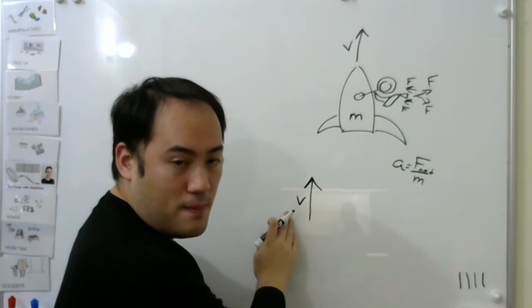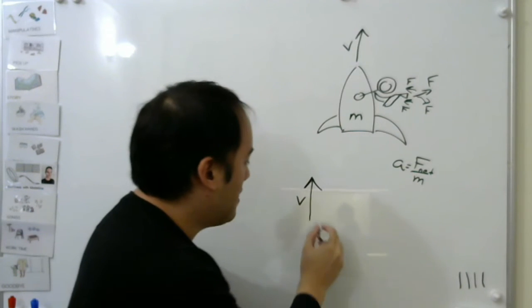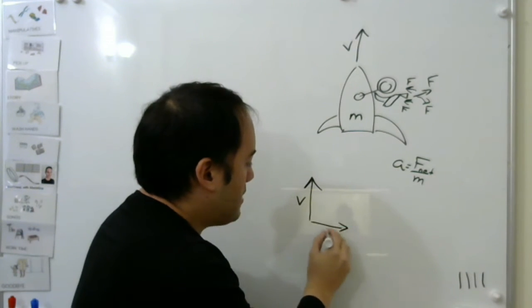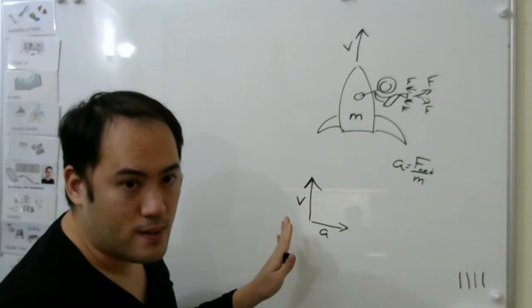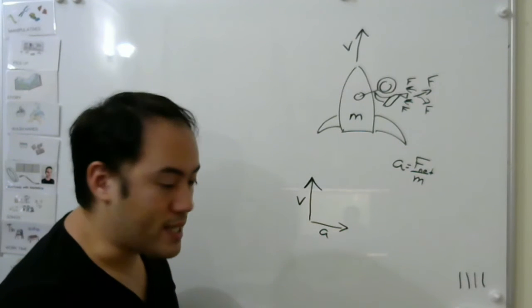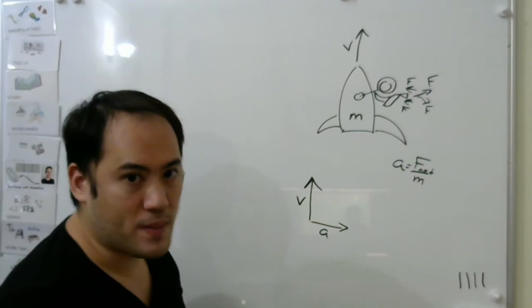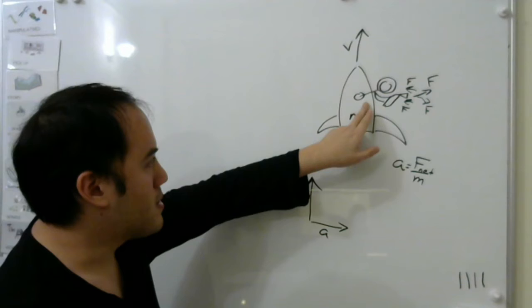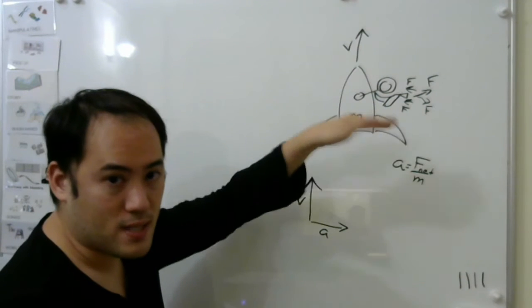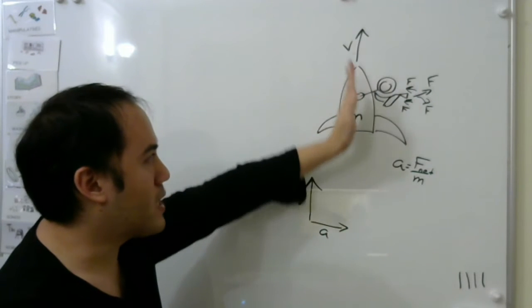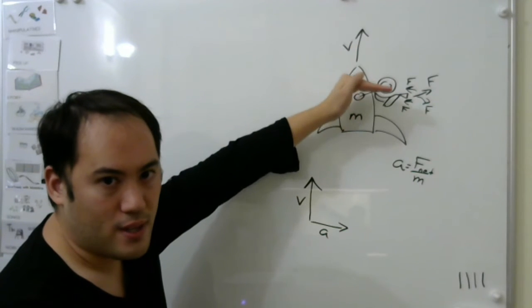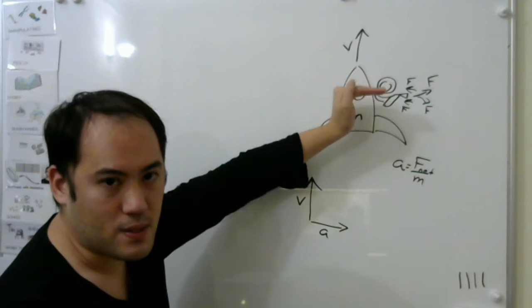If we have some object's velocity and some acceleration, and they're perpendicular, and they stay perpendicular, they're always perpendicular. Like, let's say this person aims their fire extinguisher sideways, and they hold it sideways the whole time. It's always sideways. The rocket ship's always going this way, and the fire extinguisher is always pointing this way.